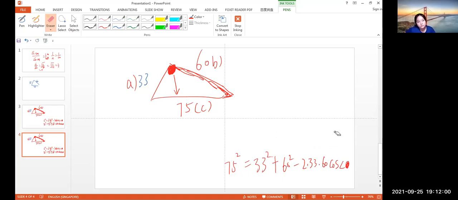Can you help me out one by one? 75 square, what do you get? 5625. 33 square? 1089. 60 square? 3600. 2 times 33 times 60? 3960. 3960 cosine angle. Let me call this angle A.